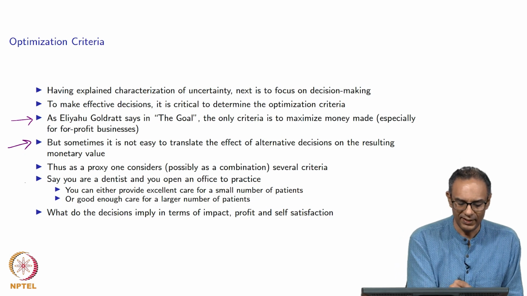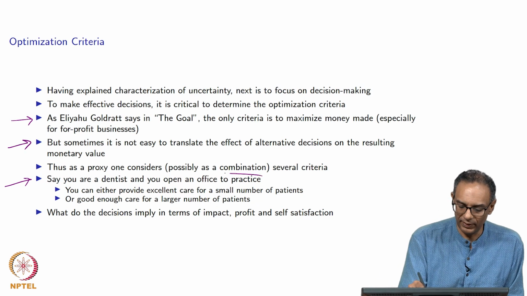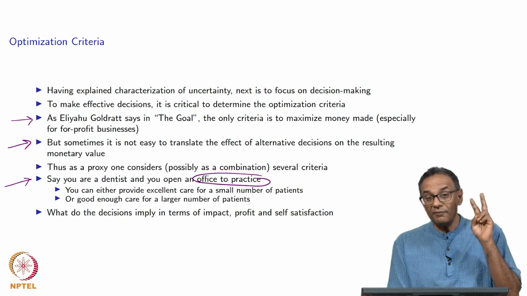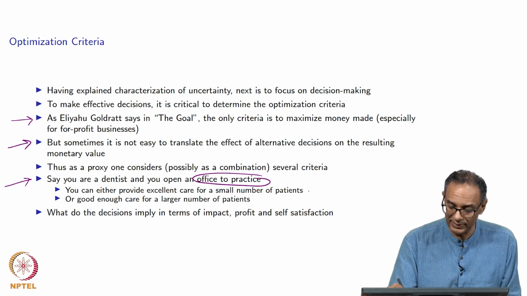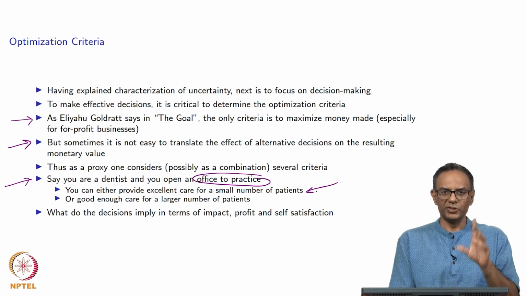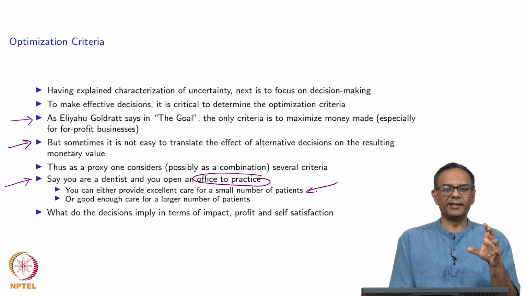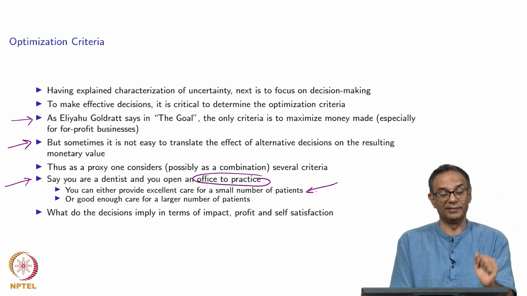Okay, so let's say you are a dentist, as an example, and you open an office to practice dentistry. Now you have two choices, and both are extraordinarily reasonable. The first choice is you provide phenomenal care for a small number of patients. So you take a small number of patients, they're all extremely happy, you provide great care, and if you ask them, they'll say, I have never met a dentist like you.